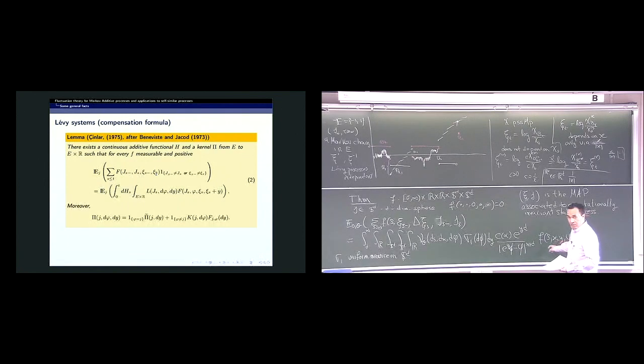Yes, is the Lévy measure on R. These two are in R. And this kernel here, v theta ds dx d phi, is the probability starting from 0, theta, of psi t being in dx and J t being in d phi.